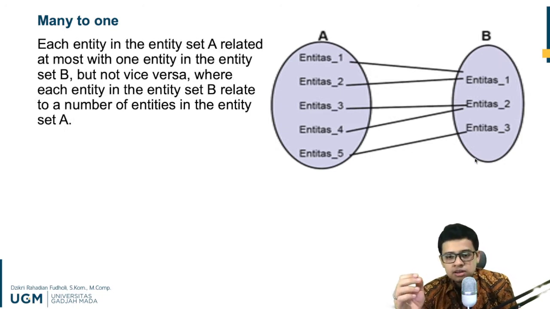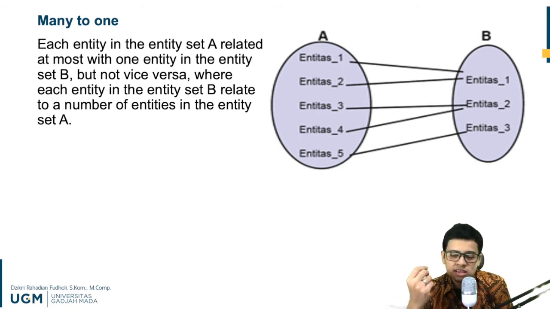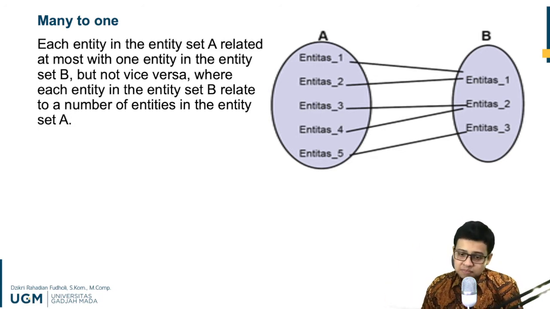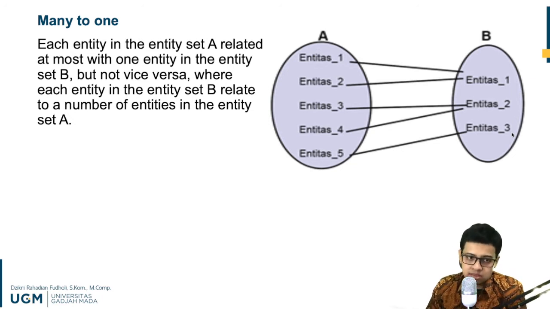The many to one is the vice versa, or exactly the same as one to many, just flipped. So here we see the entity set in A, there is only one, and in the entity set of B, there are several relationships.